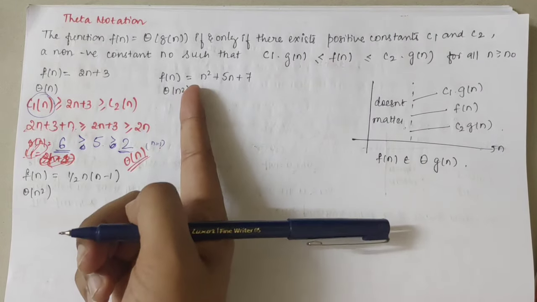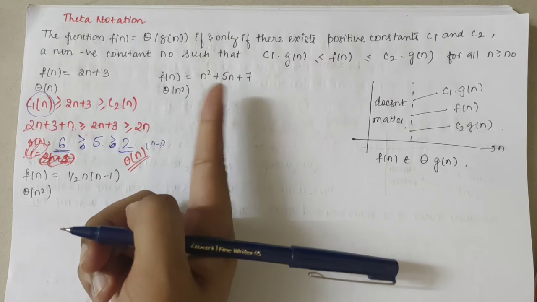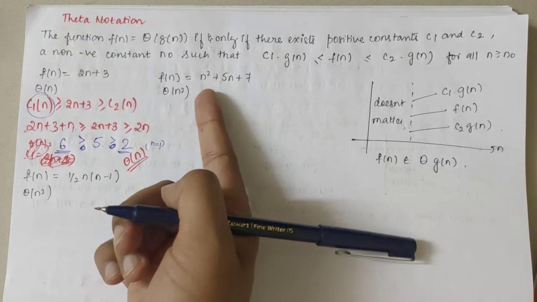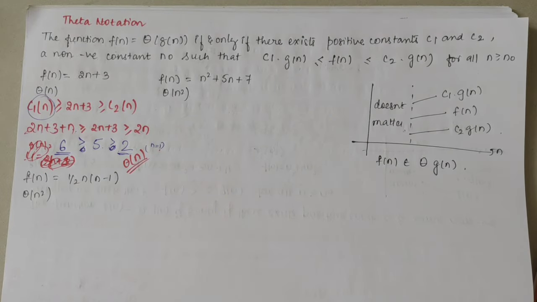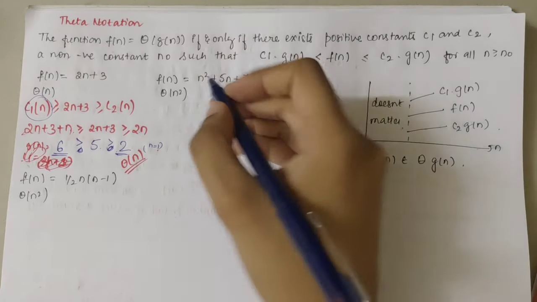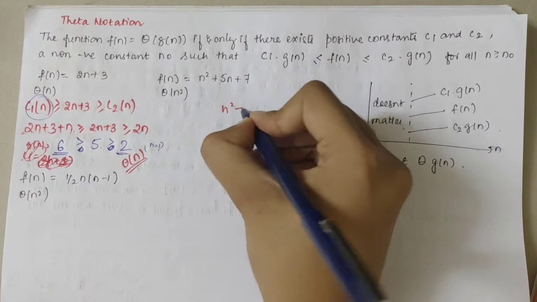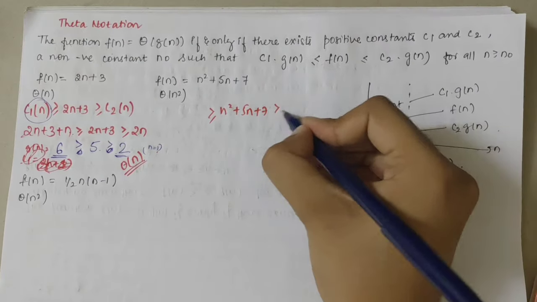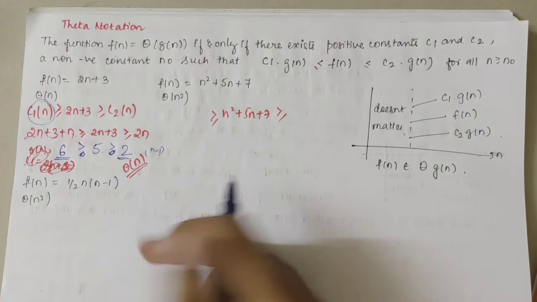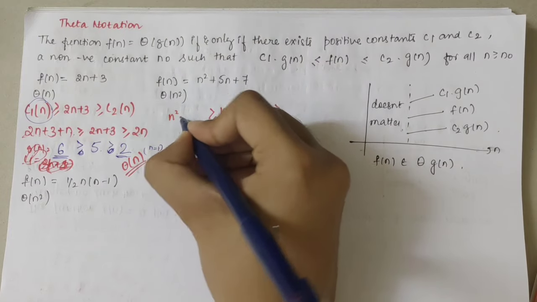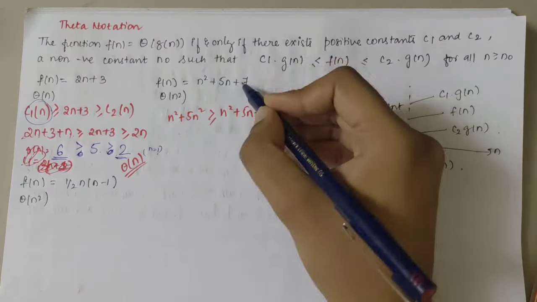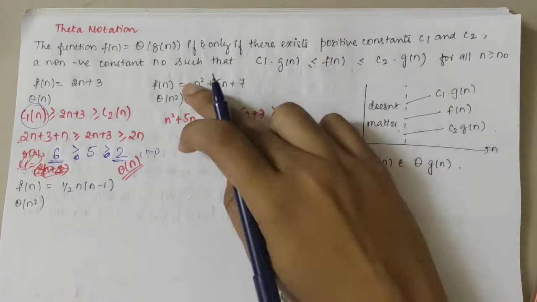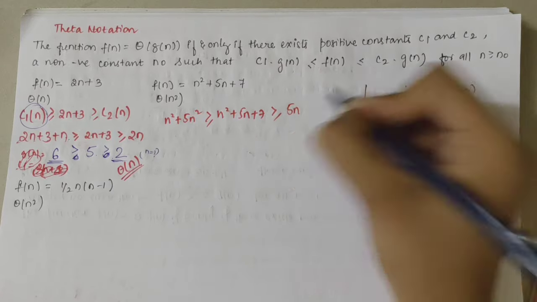Then we have n square plus 5n plus 7 here. For this I can write n square plus 5n plus 7 in the middle. On the c1 side, I'll write n square plus 5n plus 7. I'll neglect all this and I'll keep 5n itself.